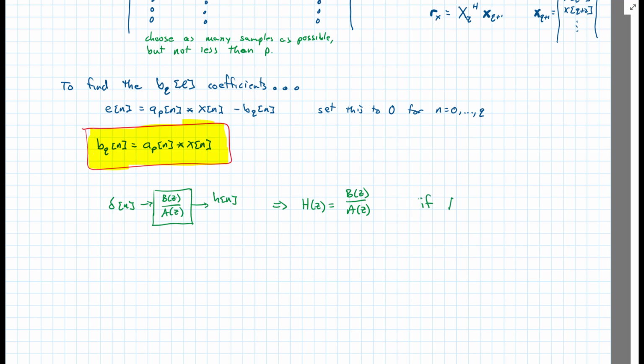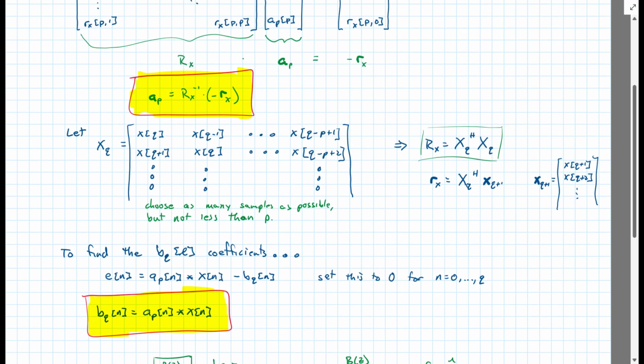And if a hat, our estimate here, is equal or approximately equal to a of z, then filtering our signal with a of z, h of z times a hat of z approximately equals b of z, because the a and a hat would approximately cancel.